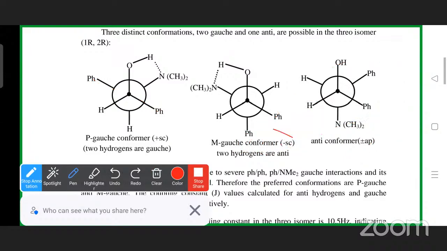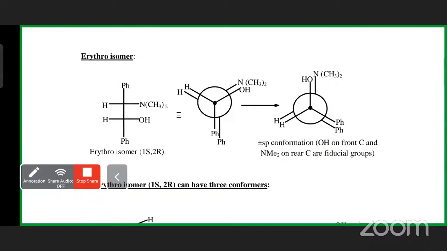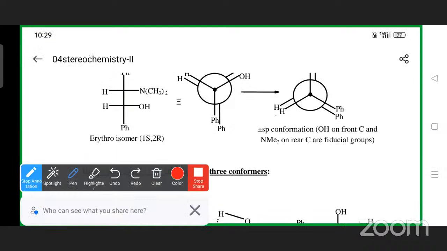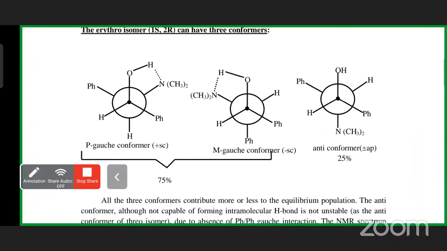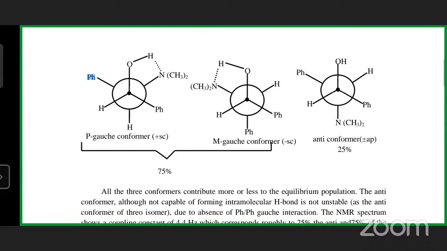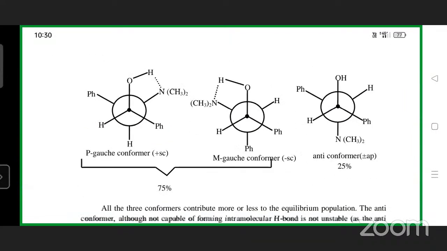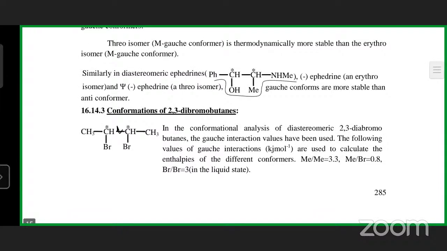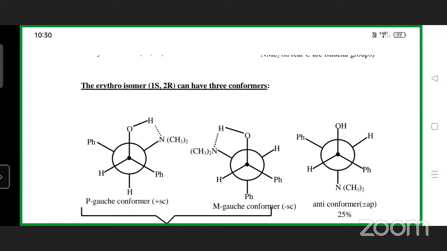The erythro means the two hydrogens are on the same side. In the erythro also you see the conformers, the P gauche and M gauche. Here also it is the same: the two phenyls are in the opposite direction, so the P gauche is the most stable here.